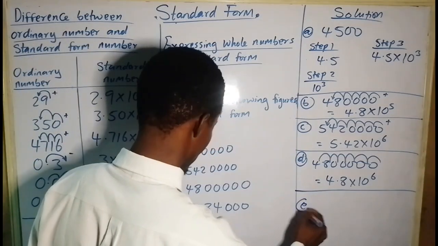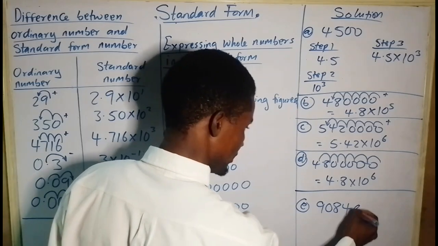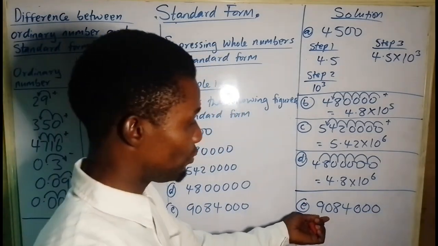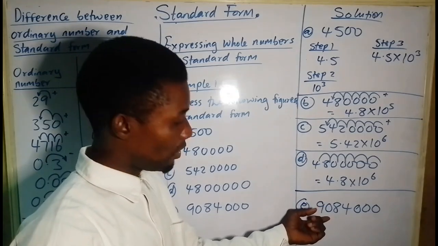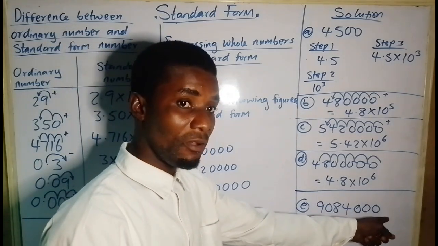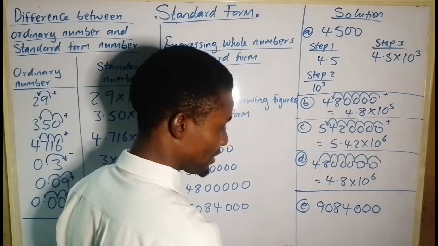The next question is 9084000. Now don't forget I told you that when a zero is in between a number, it is significant. But if it is after the number, it's not significant. So let's express this number in standard form.